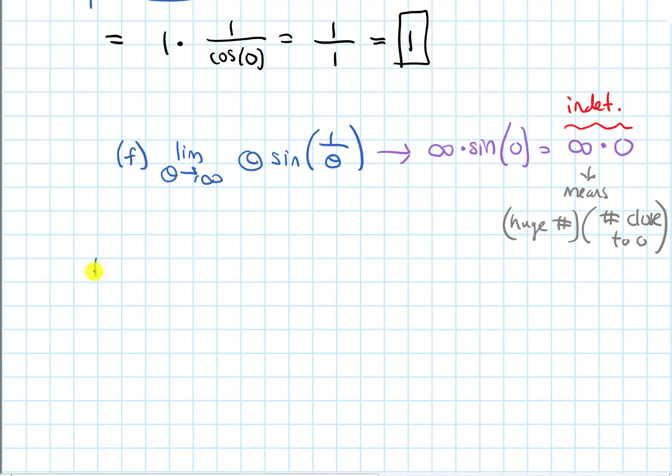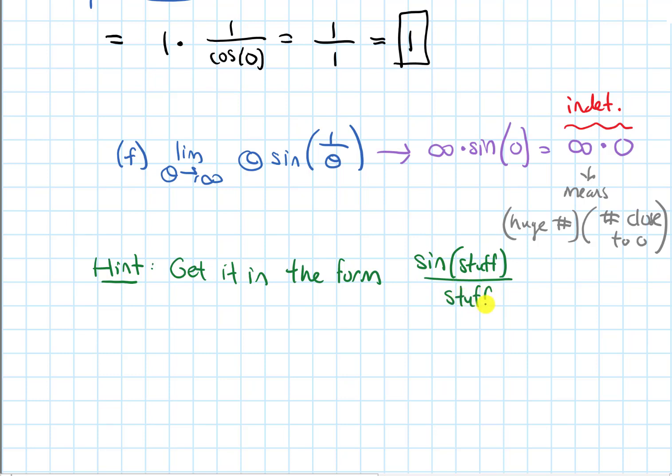All right. This is where I'm going to give you a hint and let you think about this. Right now, this does not look like our special form. So my hint is, can you get it in the form where you have sine of stuff over some stuff first, and then substitute?